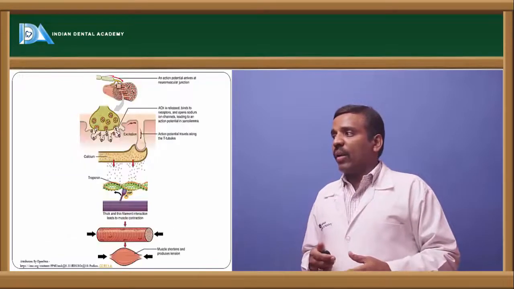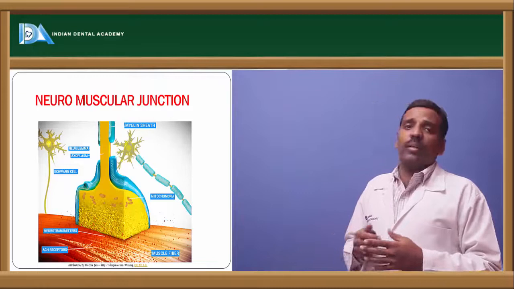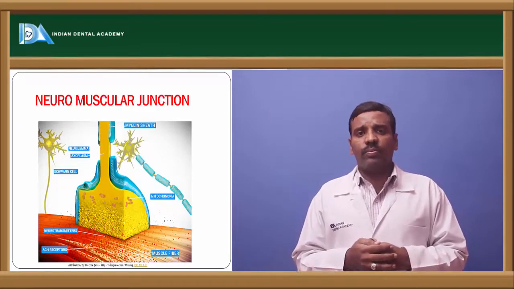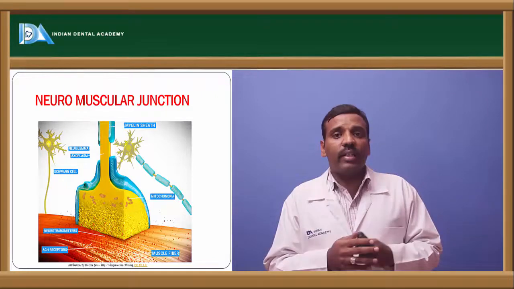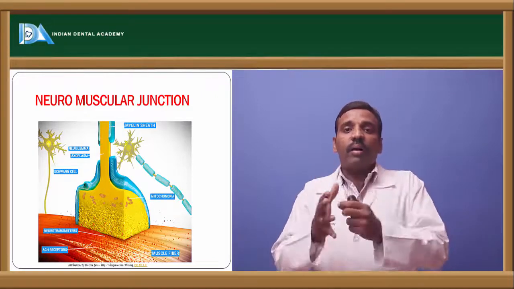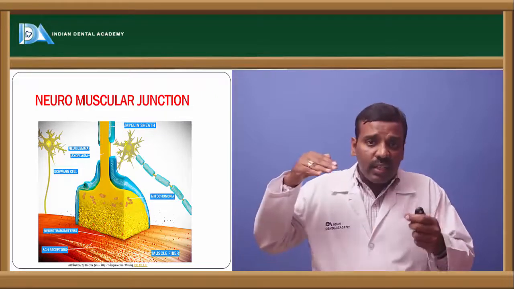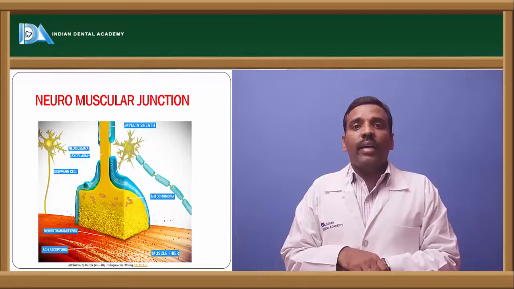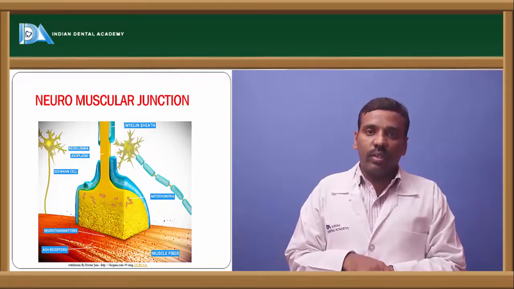Okay, and next is the neuromuscular junction. What is this neuromuscular junction? The junction between the end of the nerve fiber and the muscle fiber, where the nerve fiber enters the muscle fiber, is called the neuromuscular junction.